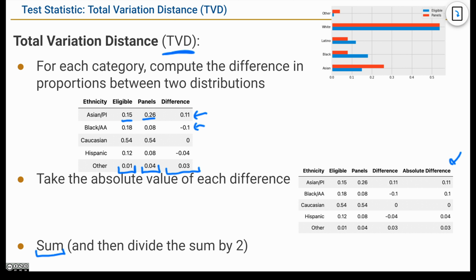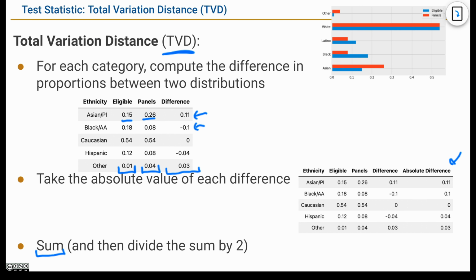You'll get a different statistic, but it won't affect the overall conclusion of your test. So this is just to let you see a commonly used statistic in which we do divide by 2. So let's actually calculate it for this. You can see again that that is just going to give me 0.14.